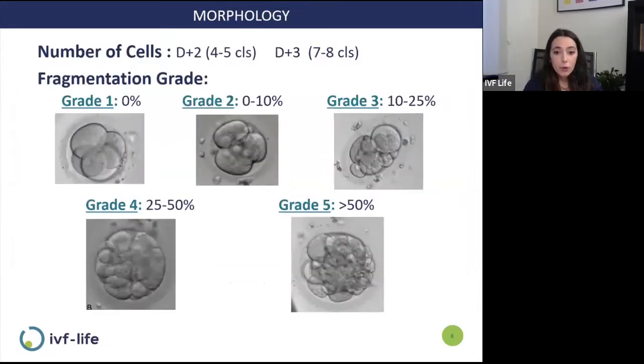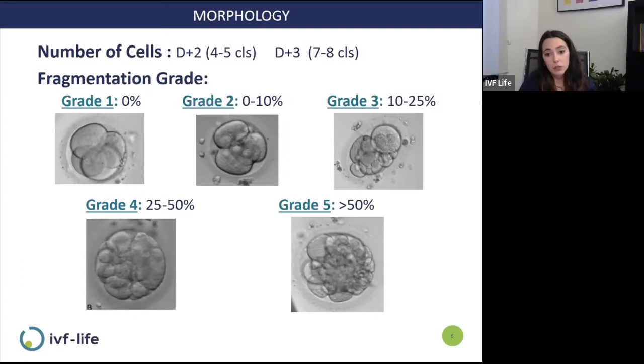For the morphological assessment on day 2 and day 3 of development, we classify the embryos considering the number of cells and the percentage of fragmentation they have. It is considered an optimal development to have 4 or 5 cells on day 2 and 7 or 8 cells on day 3.